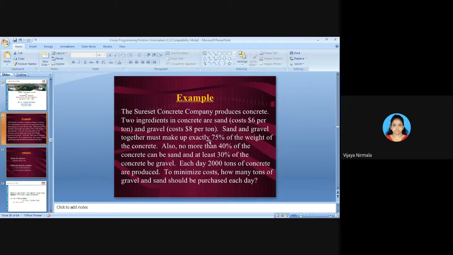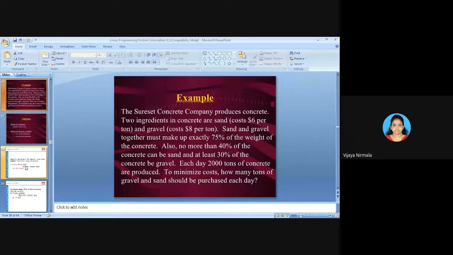Sand and gravel together must make up exactly 75% of the weight of the concrete. So what is the weight of concrete here? Every day, how much concrete is being produced? 2000 tons. So this is the weight, and among that 75% you have to do.